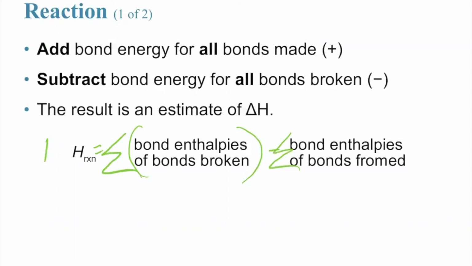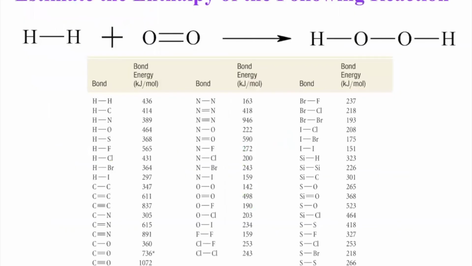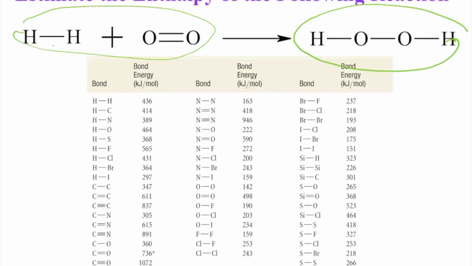With this one, it's a different table you're going to be looking at. Notice here, the reactants are the bonds broken, and the products are the bonds formed. For example, in this problem you have H2 plus O2 yields H2O2. Which ones are going to be your bonds broken?